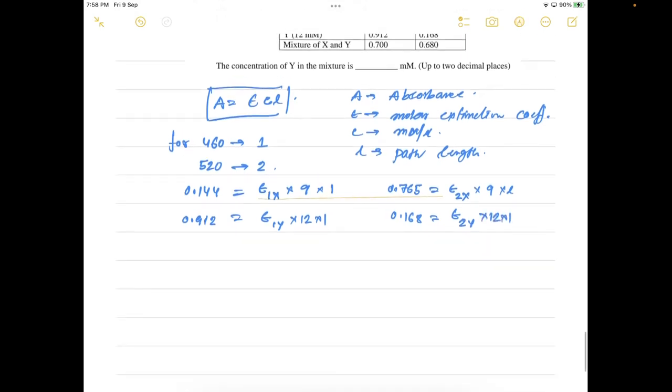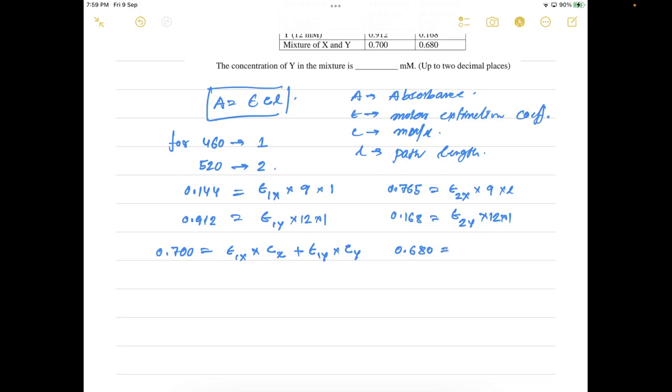Now for the mixture of X and Y, the absorbance is 0.700 at 460 nanometer. The mixture will be epsilon 1x times, let's say, Cx times 1, path length equal to 1, I am not writing this again and again, plus epsilon 1y times the concentration Cy. Again, the absorbance is 0.680 at 520 nanometer.